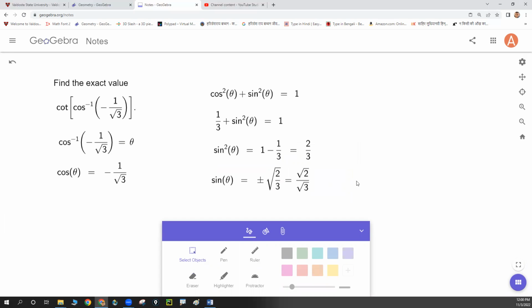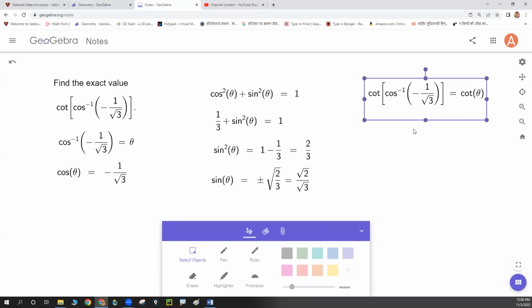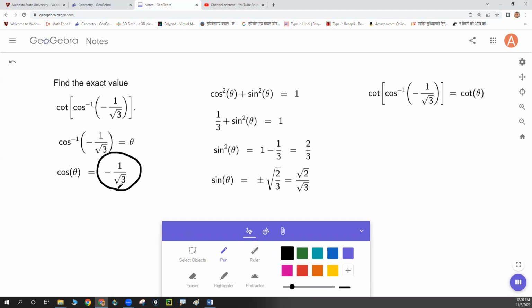However, if I know this whole mess is theta, my question really now becomes cotangent theta. Okay, how do we find cotangent theta? Cotangent is cosine over sine.